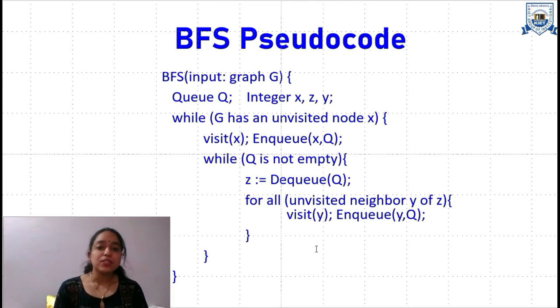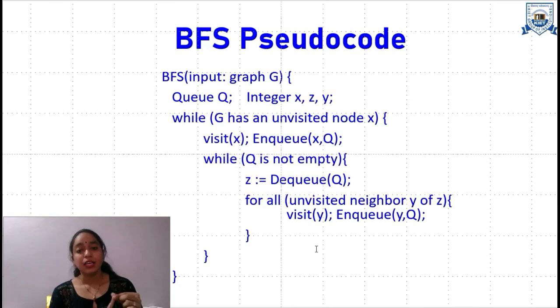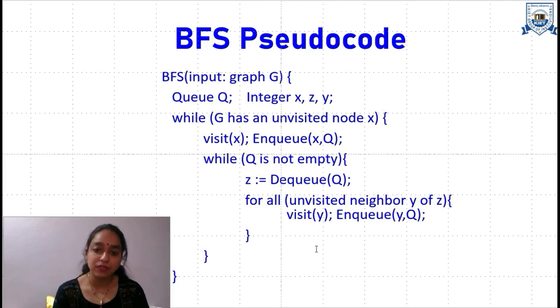The key points for breadth first search traversal are: first, it uses the queue data structure, and next, the maximum size of this queue will be the total number of vertices present in the graph. The total time complexity for implementing this breadth first search traversal will be big O of V plus E, where V is the number of vertices and E is the total number of edges.